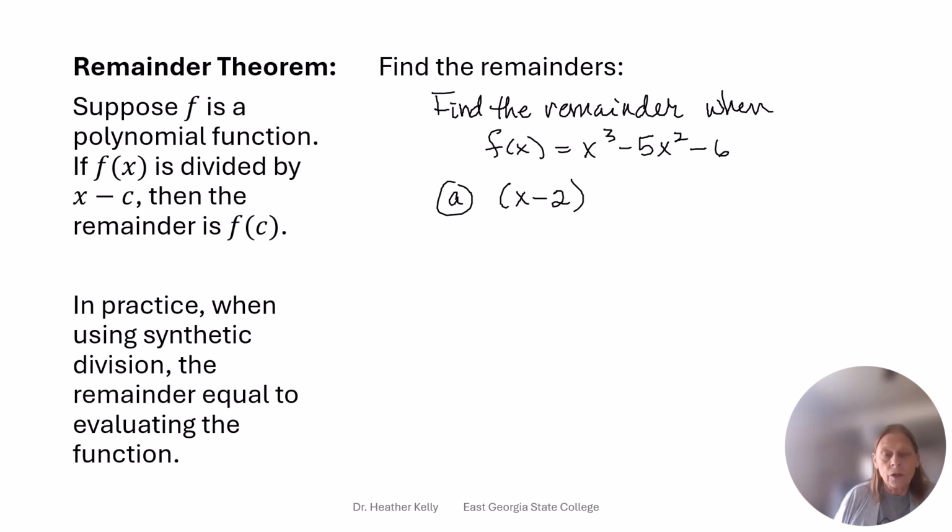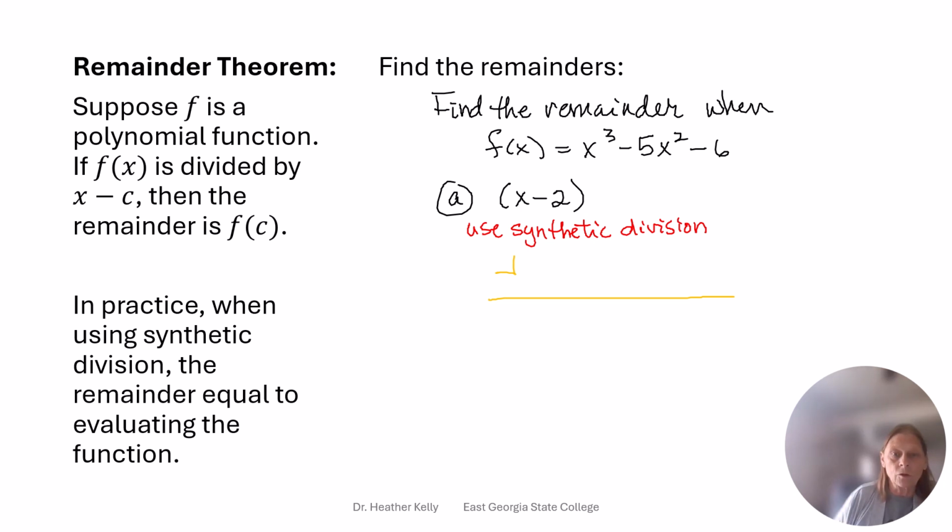Okay, so what we're going to do in practice here is use synthetic division, because this is very, very quick. So here we go. We're going to set up our synthetic division. Now here we're going to use just the coefficients.